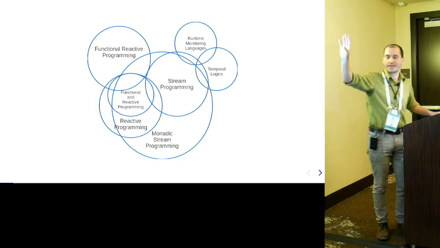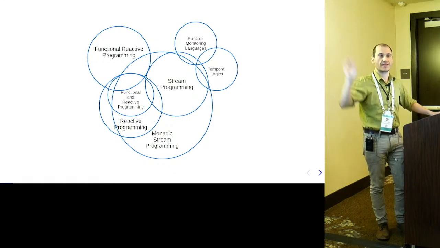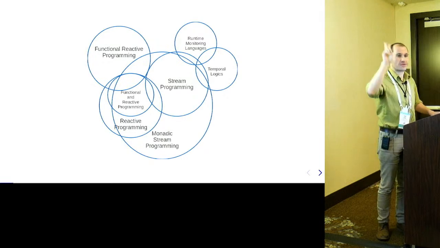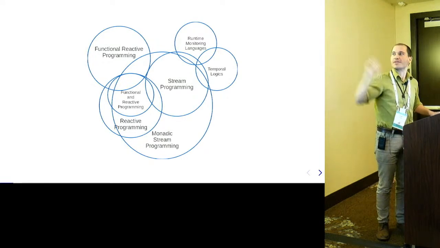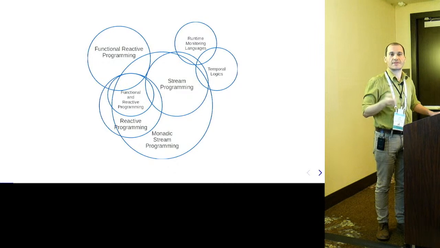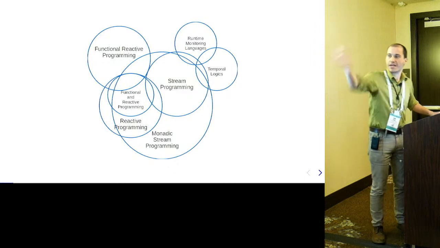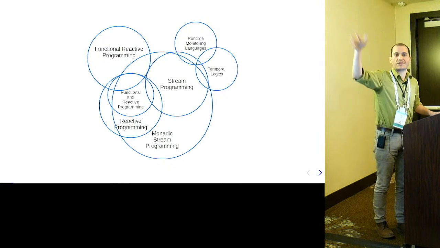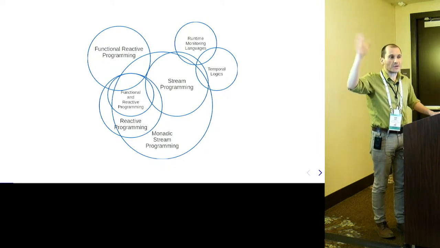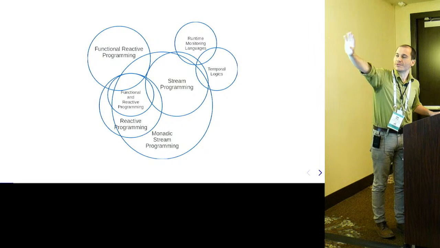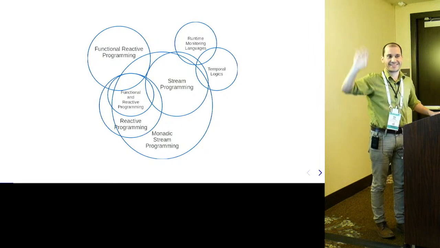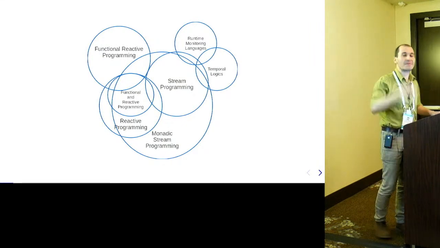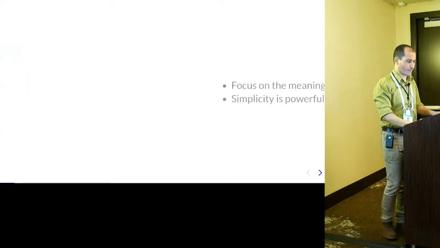And we have stream programming languages, and people create functional reactive libraries on top of stream programming languages, and no one really understands what they are. And then there's monadic stream programming, and you can implement all of those ideas on top. And then there's temporal logics and runtime monitoring. They're kind of all connected. Don't take those boundaries too literally, I just did it quickly. But the point is that these things overlap, but the boundaries are not clear.